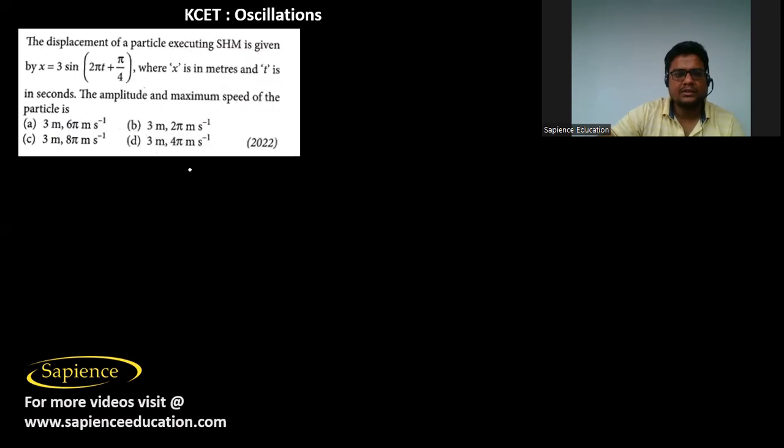Then here it is told that the displacement of a particle executing SHM is given by x equals 3 sine (2 pi t plus pi by 4), where x is in meter and t is in seconds. The amplitude and the maximum speed of the particle is?